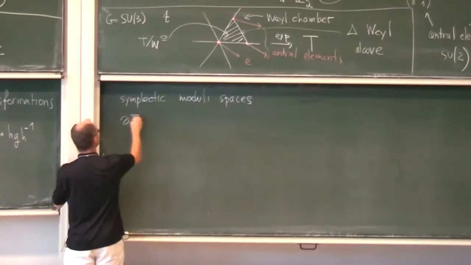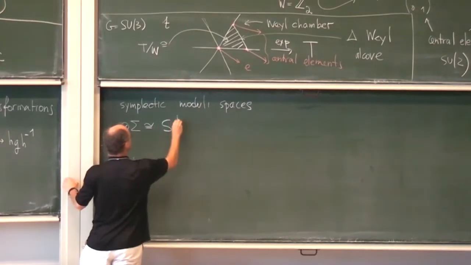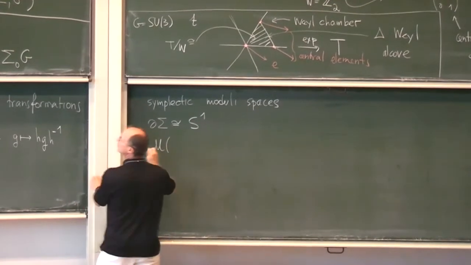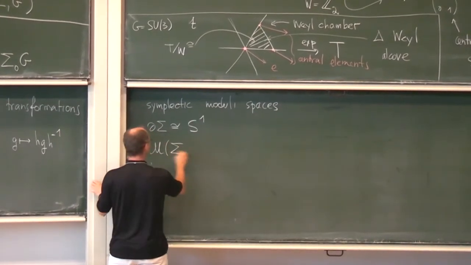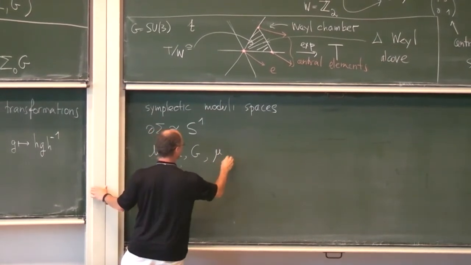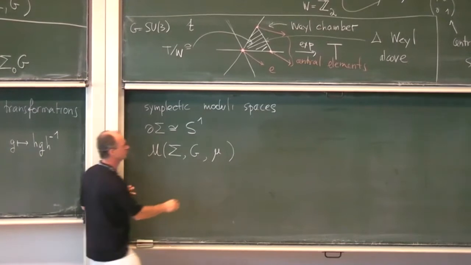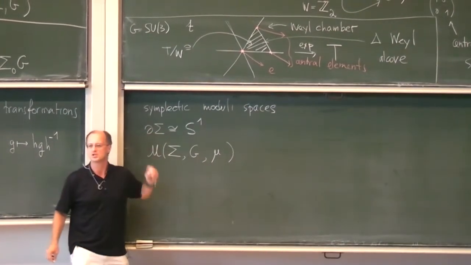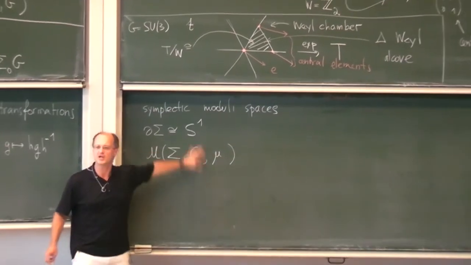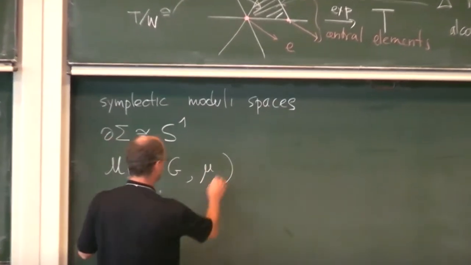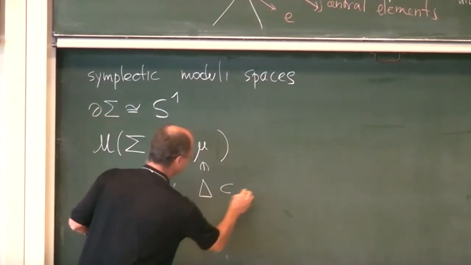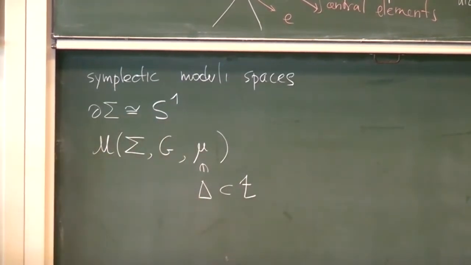First, to simplify things, let's say this sigma is S1, so then there will be M of sigma, G, and then I'll choose an element. Let me call it mu. Mu was the moment map, but I hope it wouldn't lead to too much of a contradiction. So this is an element of the alcove sitting in the Lie algebra of the torus.